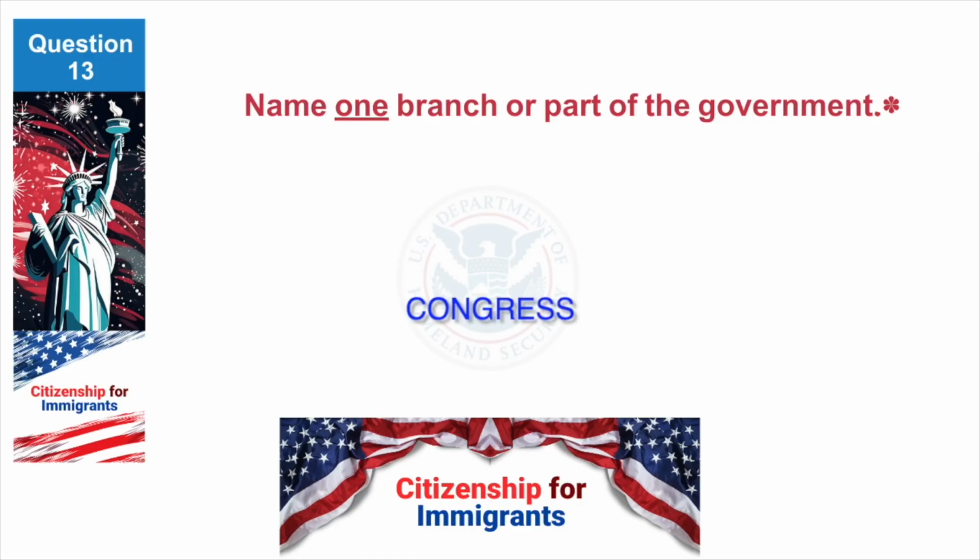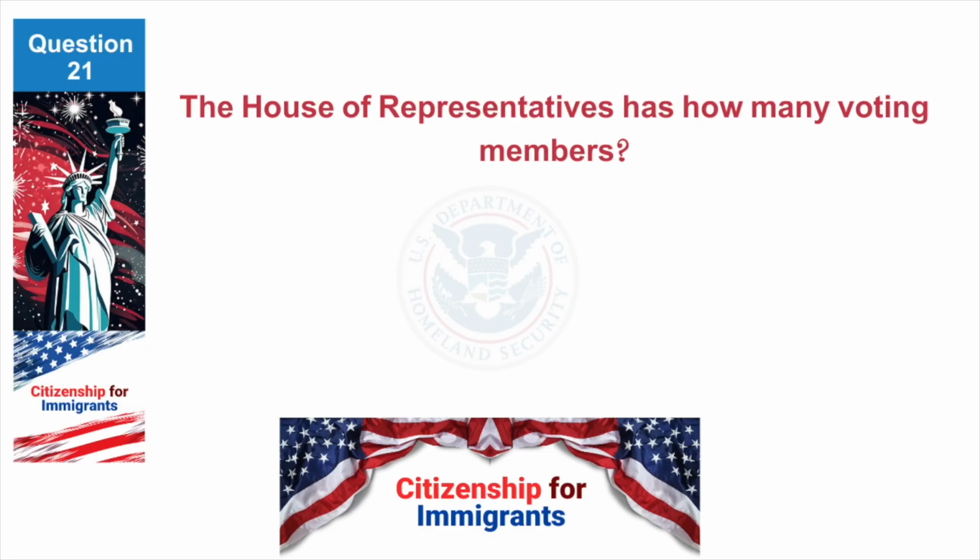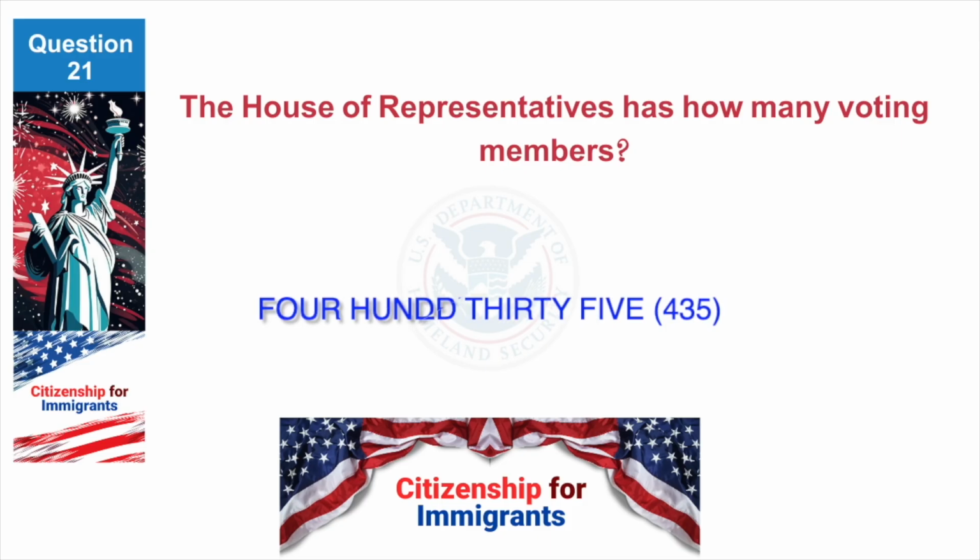Congress. The House of Representatives has how many voting members? 435.